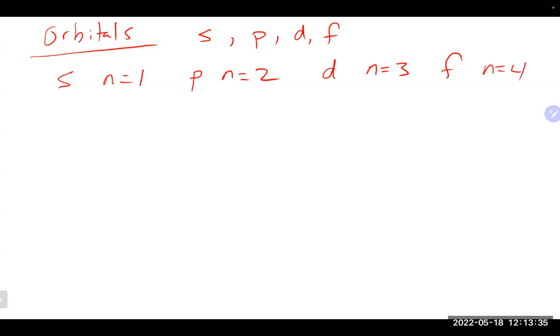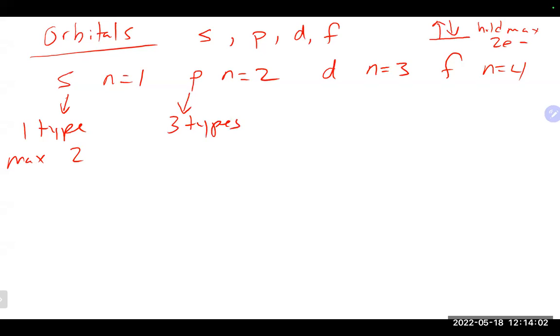Remember that all electrons can be found in an orbital, and any individual orbital could hold a max of 2 electrons. In terms of s orbitals, there's only one type, which means if you max out an s orbital, you will end up with 2 electrons total. There are 3 different types of p orbitals, which means if you max out all 3 types of p orbitals, that is 6 electrons.